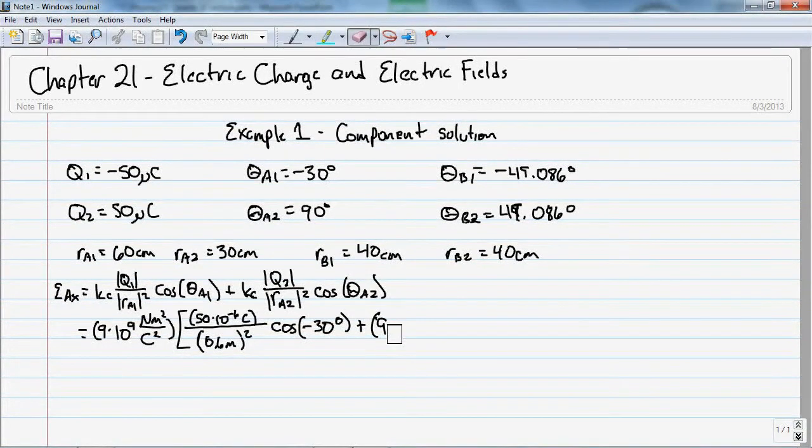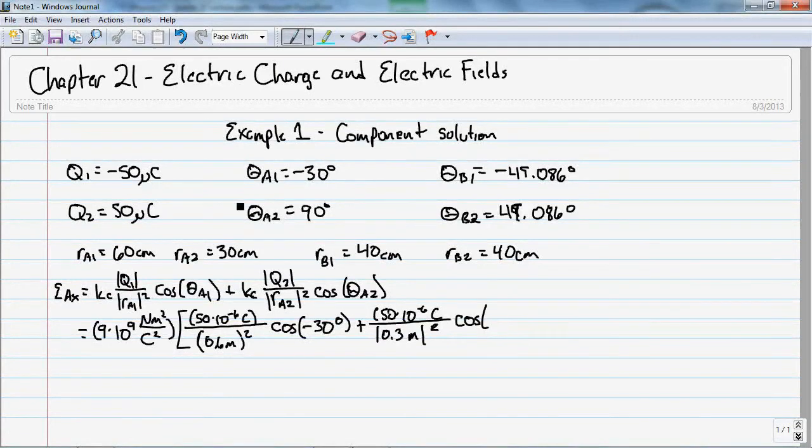Oh, I forgot I factored that out. So now I'm doing 50 times 10 to the minus 6 coulombs over distance A2. It's going to be 0.3 meters squared.